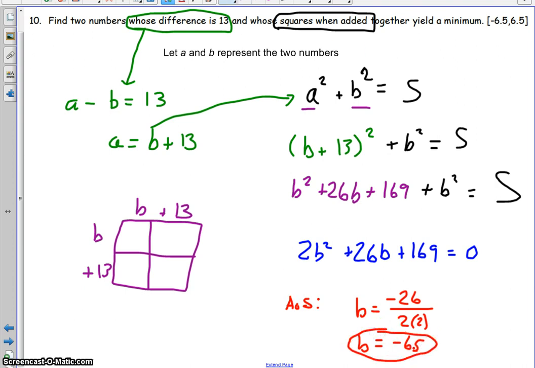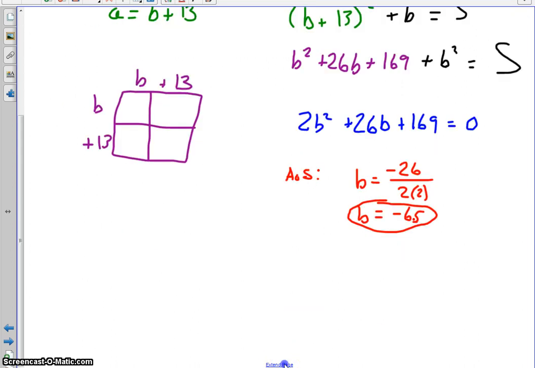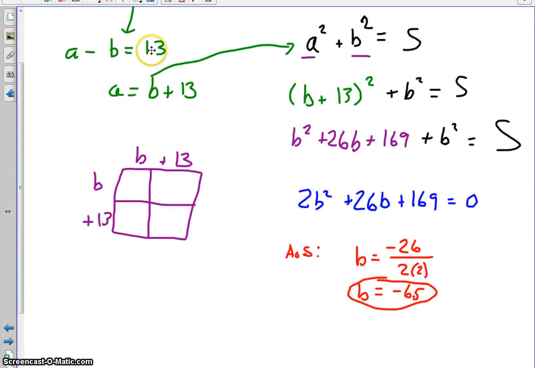Okay, so that gives us one of the values. So we know b is equal to negative 6.5, so we still need to find out what a is equal to. So remember here, we saw that a was equal to b plus 13, so let's use that equation.